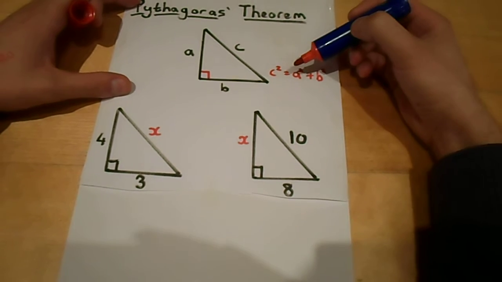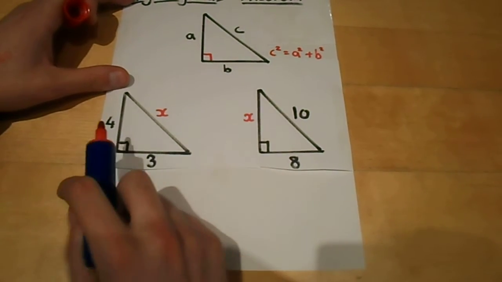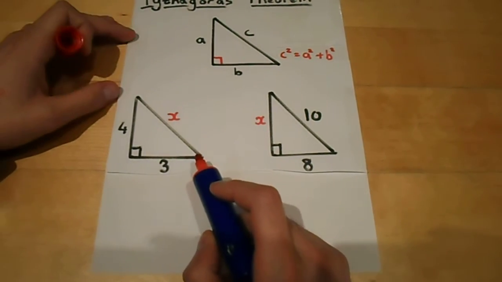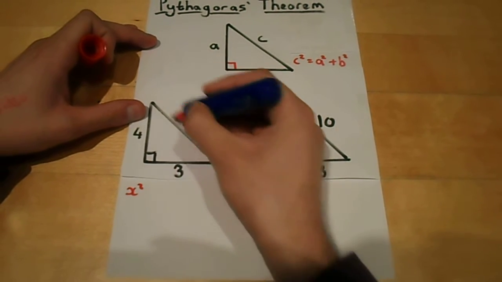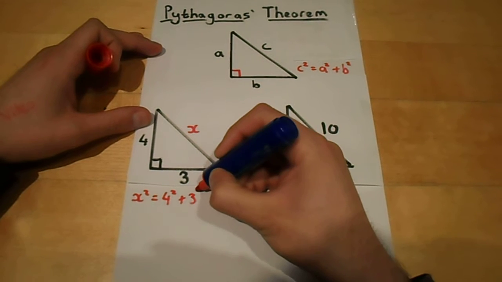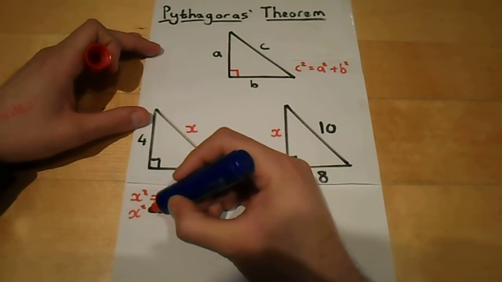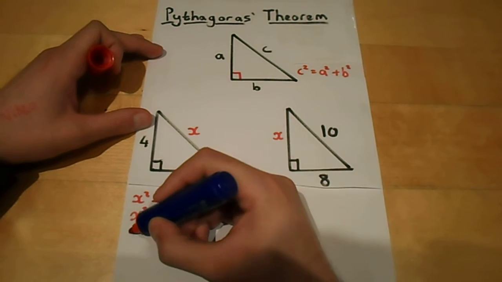Now the way that we use this formula is as so. Here we have two sides 4 and 3, and we want to know what the length of this side is. And we know that x squared, so the longest side, is equal to 4 squared plus 3 squared. Now we know what these values are, so that's 4 squared is 16, 3 squared 9.